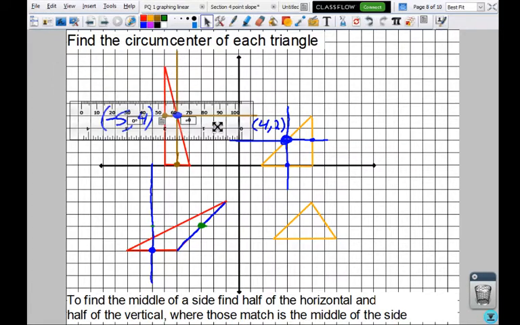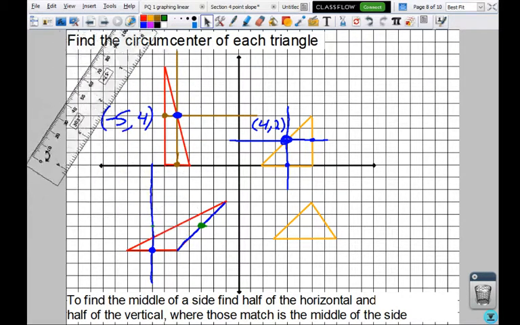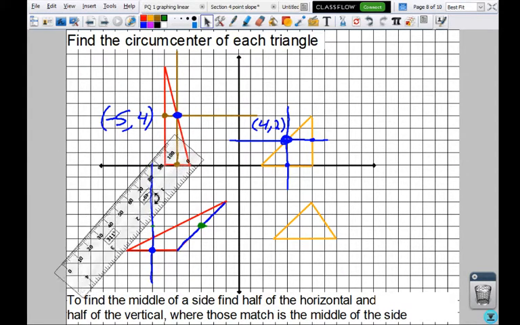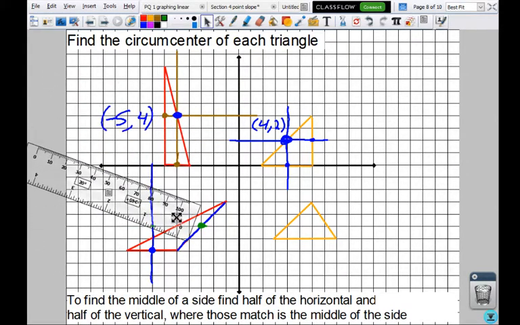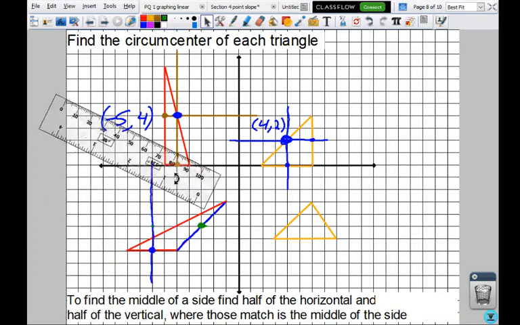I'm going to take my ruler here, and I'm going to try to match up the side. It'd be easier if I had a real ruler.